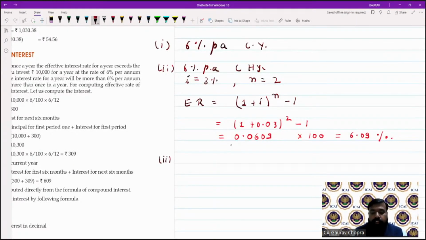Then if it is done on, let's say, a quarterly basis, so the 6% rate was per annum. Now compounding is done on a quarterly basis. Then what do we have to do?